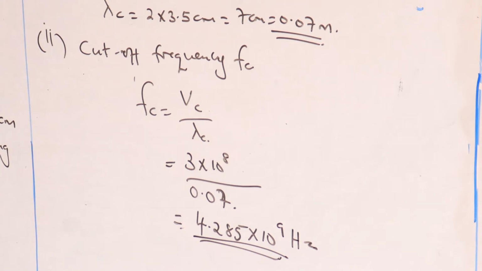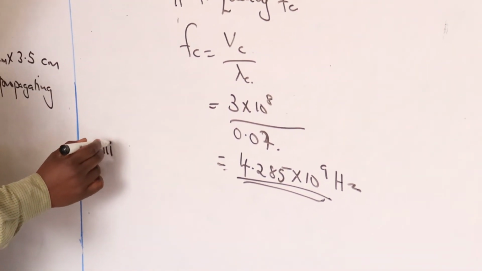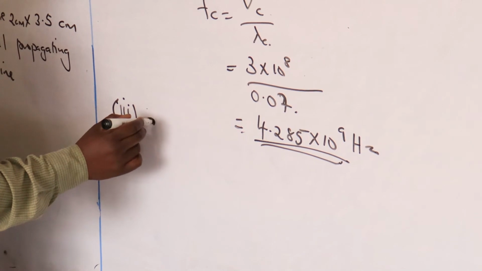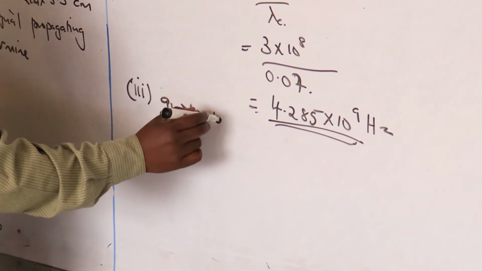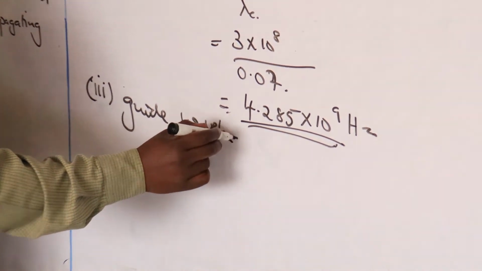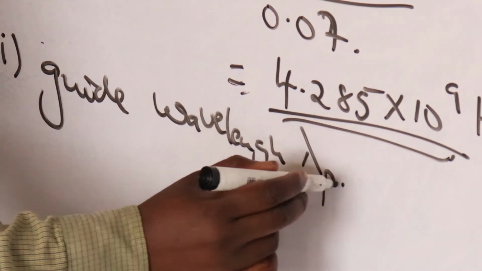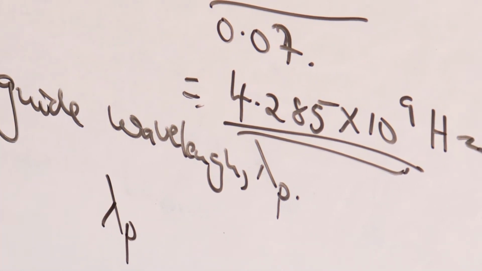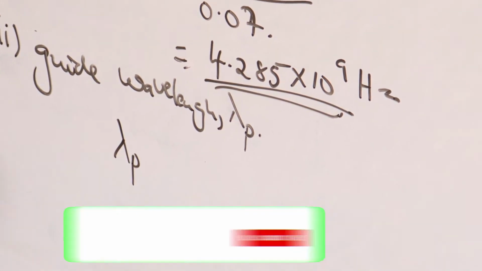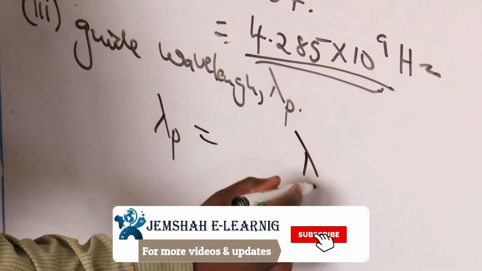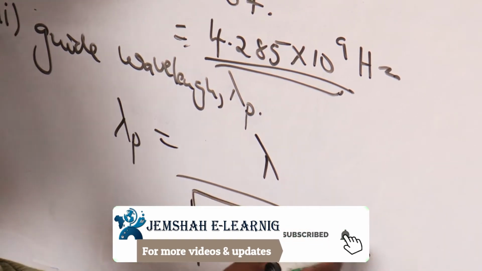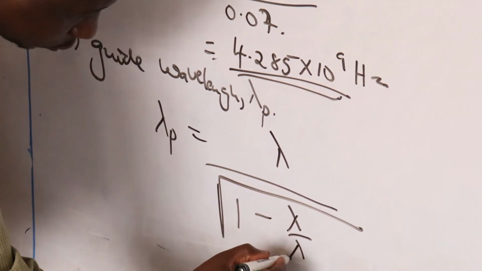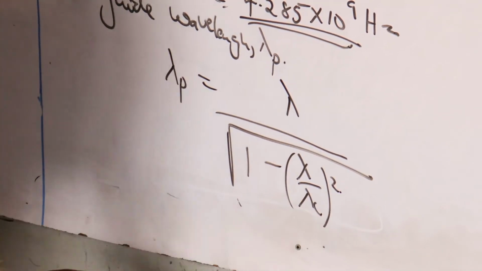So we're going to go to our third term, which I'm referring to as the guide wavelength. The guide wavelength will be the free space wavelength over the square root of 1 minus the free space wavelength over the cut-off wavelength, squared.